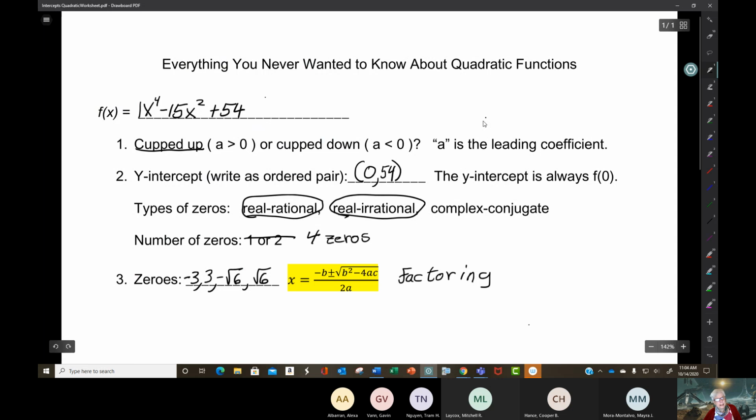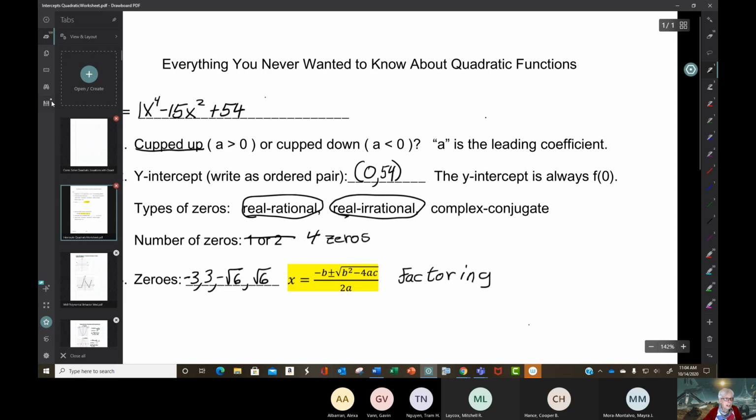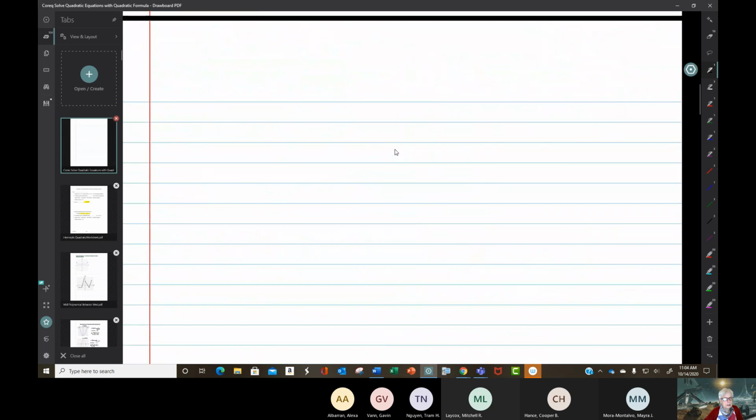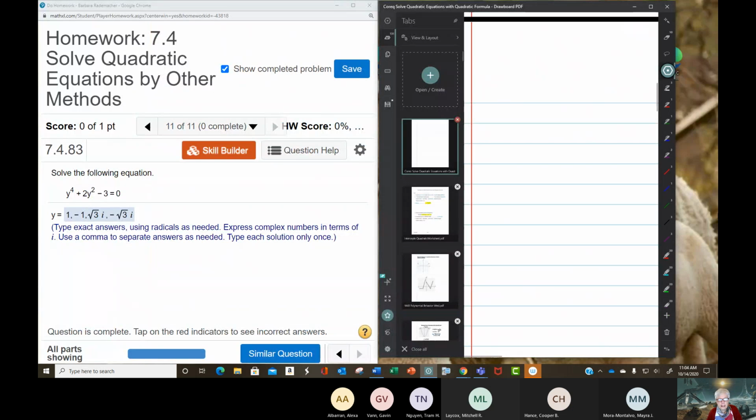Let's do this thing. I'm going to go back and get my blank paper. Let's go to the next page. And our function is going to be, I'm going to pretend those are x's.